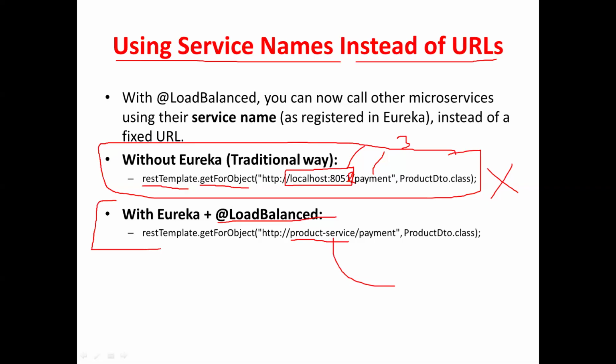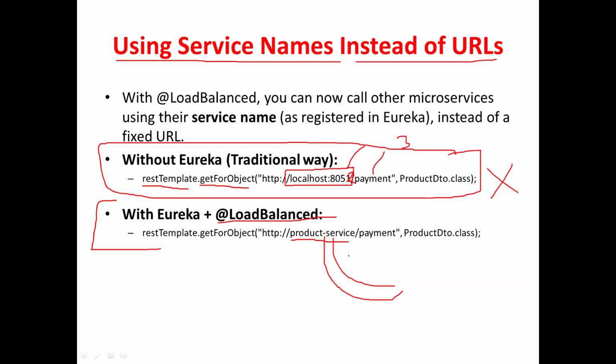Sir, you said 8051, 8052, 8053 services are running. If you provide the product service, how will it find the server? It will communicate to your Eureka. In Eureka, all your 8051, 8052, 8053 are available, three ports are running.